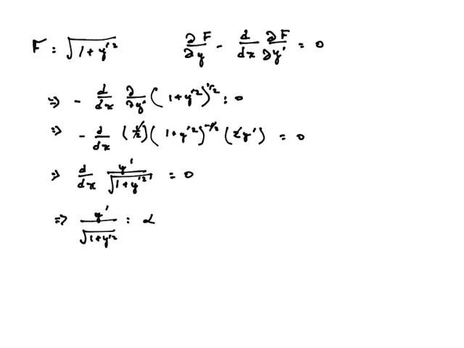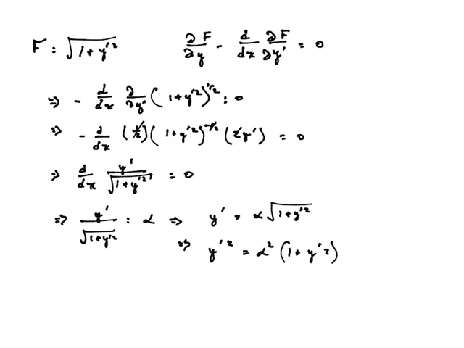Now we're going to rearrange some stuff. So we get y prime equals alpha times the square root. And now I want to get rid of the square root, so I'm going to square both sides. So I get y prime squared equals alpha squared times 1 plus y prime squared.